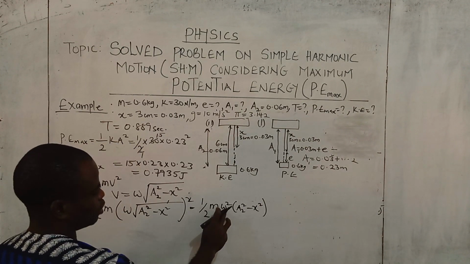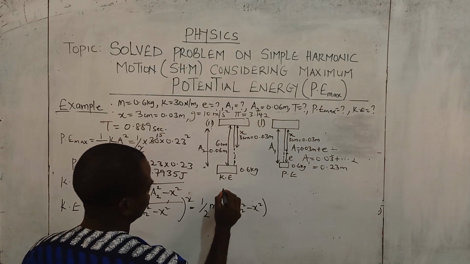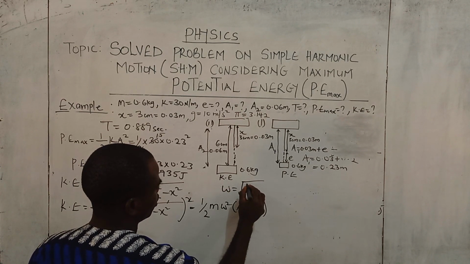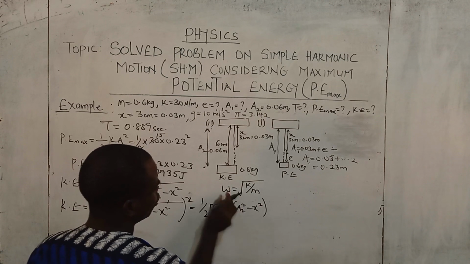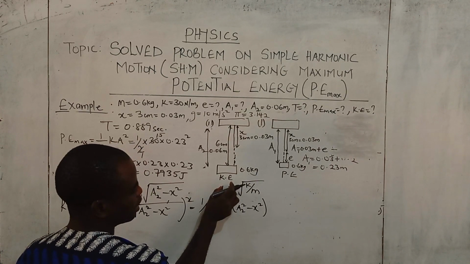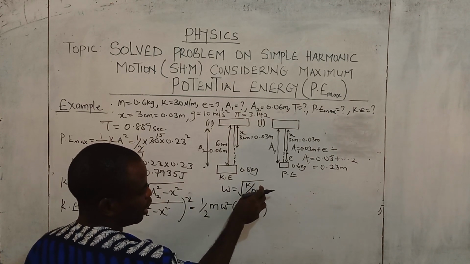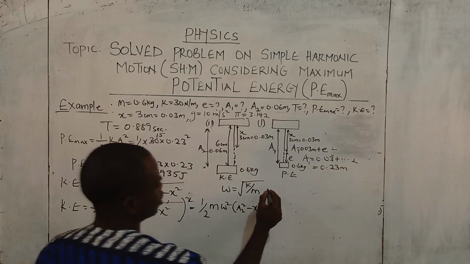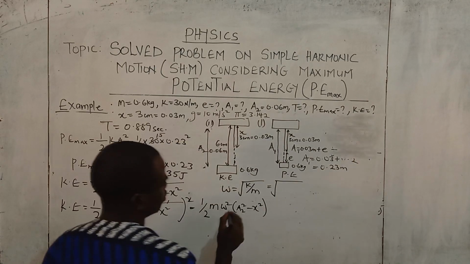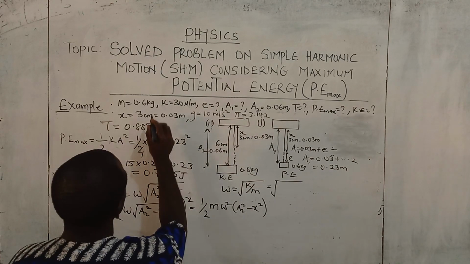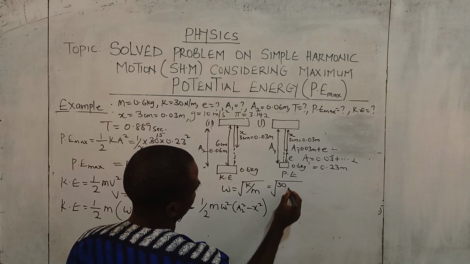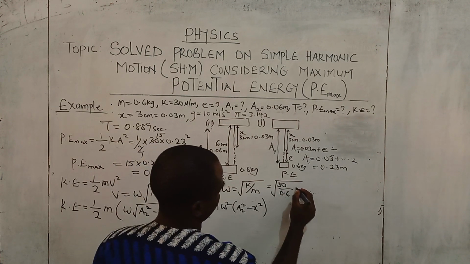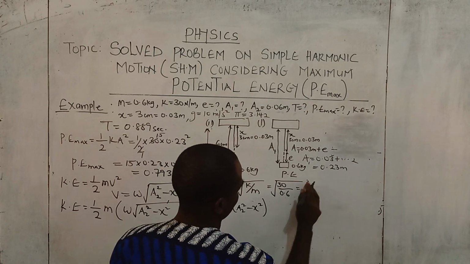You don't have the angular speed, so let's look for our angular speed. Angular speed equals the square root of k over m. When the angular speed, the two legs facing up, make sure the m that is down is at the denominator. k is 30 over m, 0.6, under the square root.